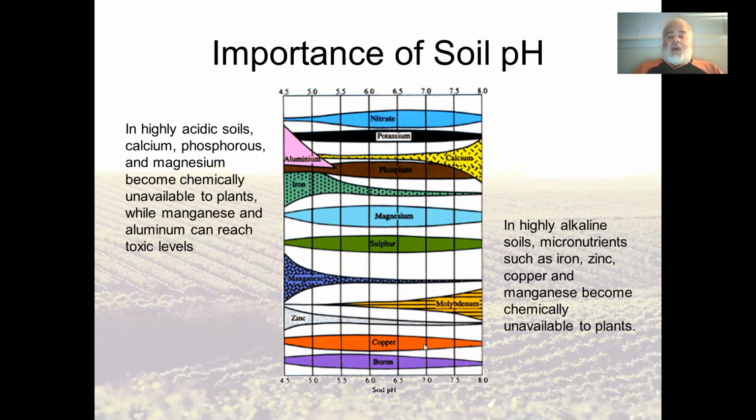But you can see, I think, a slightly more realistic look at how dramatic the changes in availability are at these different pHs. Is this an exact chart? No, it certainly depends on other factors like water availability, like temperature, like other factors in your soil.